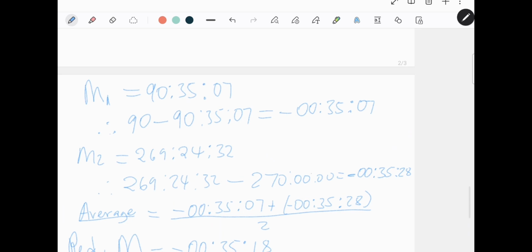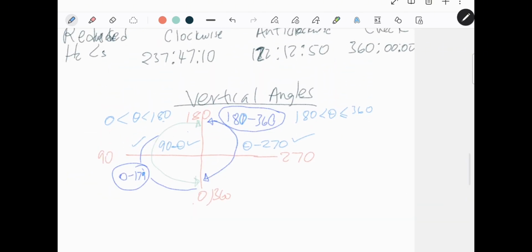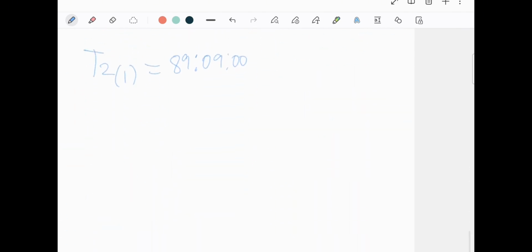Looking at our Cartesian plane, that 89 falls on this side of the quadrant, between 0 and 179, so it's 90 minus theta.